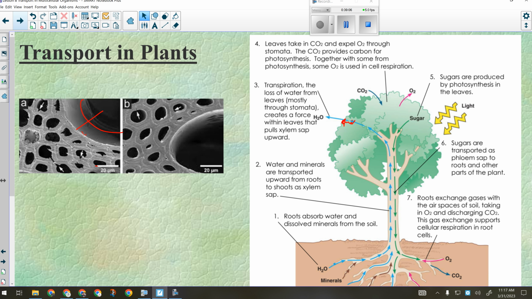Okay, so here's what you need to know for plant transport. The xylem transports water up the plant using osmosis and the polar nature of water.